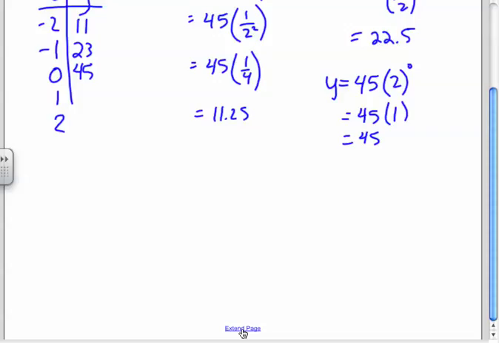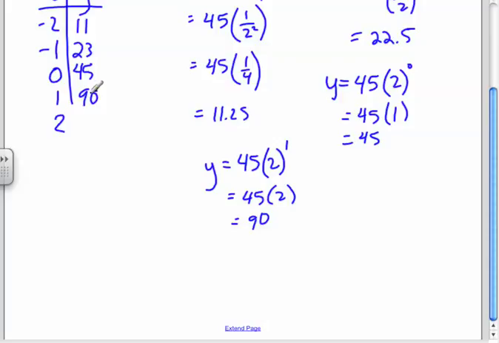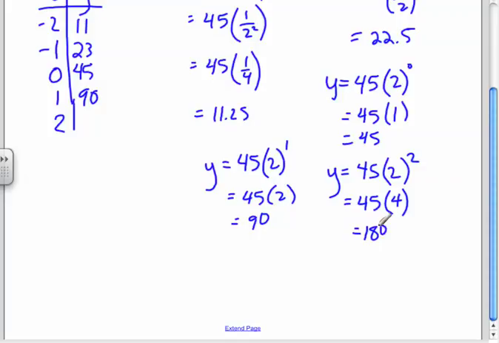Now, a year from now, we're going to have y is equal to 45 times 2 to the first, which is going to be 45 times 2, which is 90. And I'll change the scale here. So we're going to get 45 times 2 squared, which is 45 times 4, which is going to be 180.